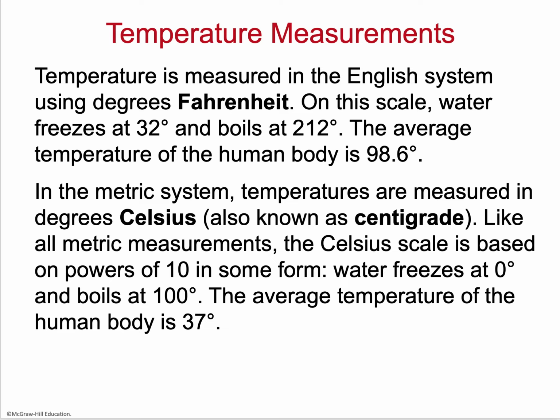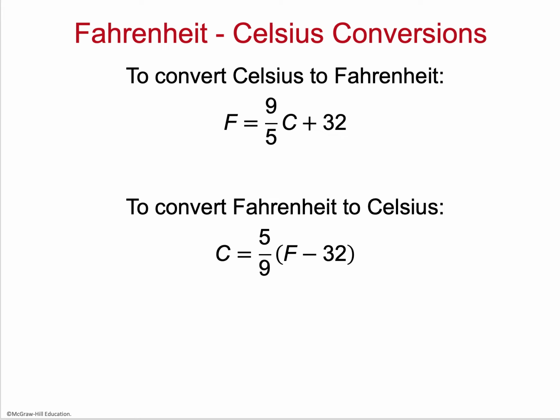In temperature, we have what we call the Fahrenheit system. On the Fahrenheit system, water freezes at 32 degrees and boils at 212. The difference is that Celsius actually makes more sense because water freezes at 0 and boils at 100, which makes more sense as far as 0 being an actual change. To convert between these, we don't utilize conversion factors.